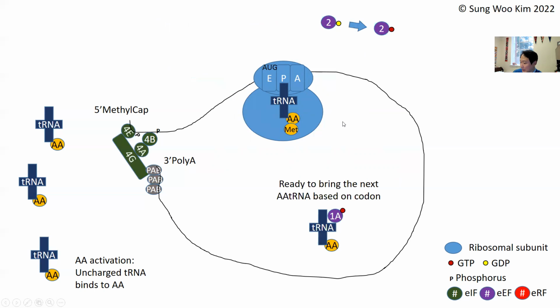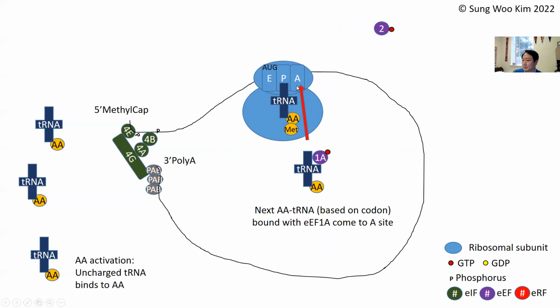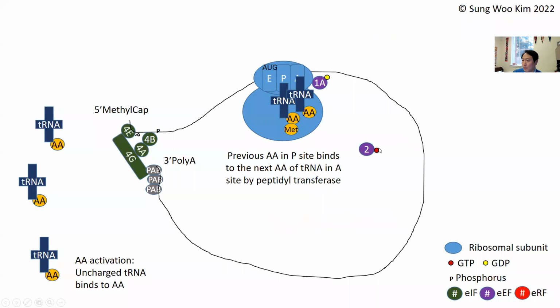I'm repeating the previous process. For that, elongation factor 2 with GDP needs to be charged again with GTP. Also, elongation factor 1A with GDP needs to be charged back to GTP. Now you can bring the next amino acid tRNA to the A site. And this GTP will be changed to GDP and leave the ribosome.